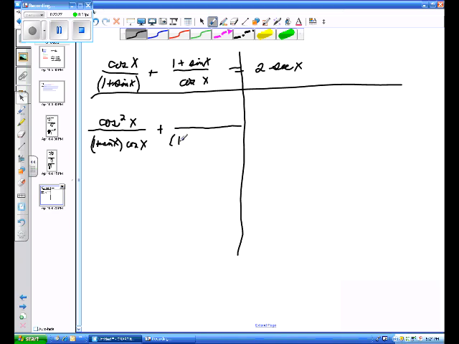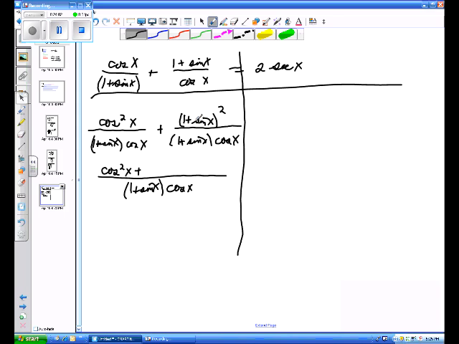Well, our common denominator is 1 plus sine x times cosine x. We have the cosine x, so we've got to multiply by 1 plus sine x. Now, we can put this all over one denominator of 1 plus sine x times cosine x. So I've got cosine squared x.